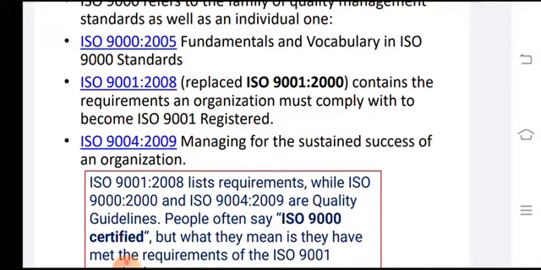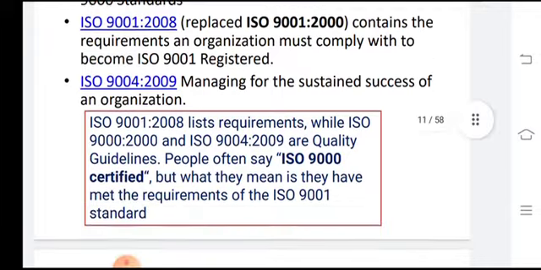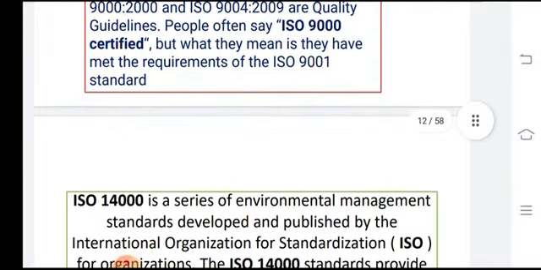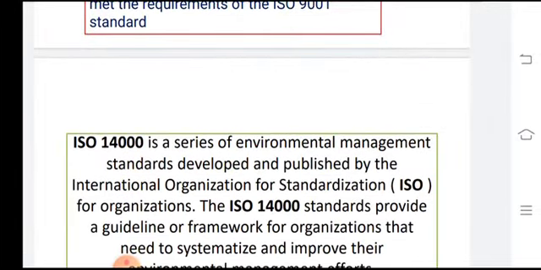And then we have 9004, which was recently updated in 2009, which relates with managing for the sustained success of an organization. So these are some material about that. Now that was about the business and industrial activities which are related with the trade.